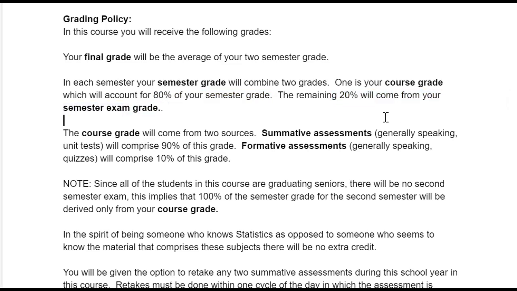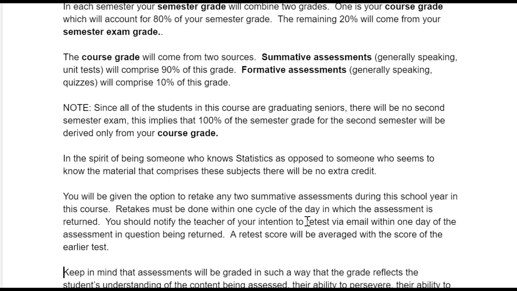In the second semester, there's no exam, so 100% of the semester grade for the second semester will come from your course grade, those summative and formative assessments. Okay, so just to be aware of that, that's how we roll in this class.